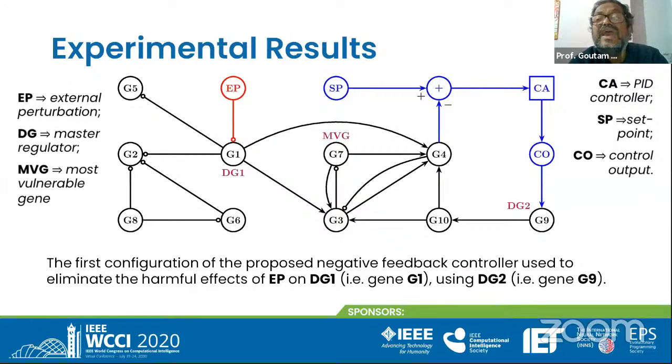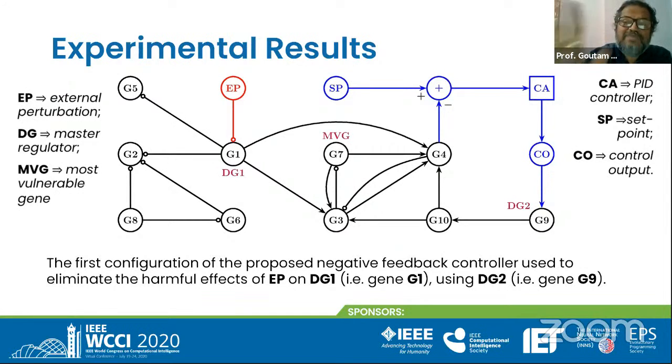So as long as this stock contains that particular protein which disturbs G9, the genetic disease caused by G4 will be under control. So this is how we have designed a genetic disorder maneuvering system.